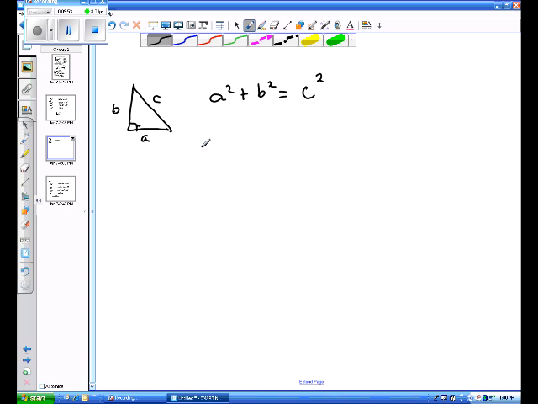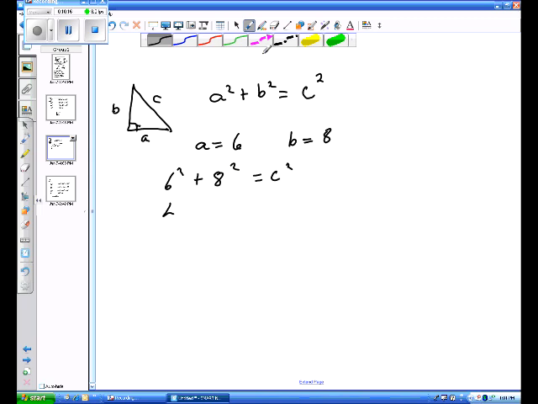So let's say we were given a right triangle and side A equaled 6, side B equaled 8, and we want to find side C. Well, A squared, so 6 squared, plus B squared equals C squared.